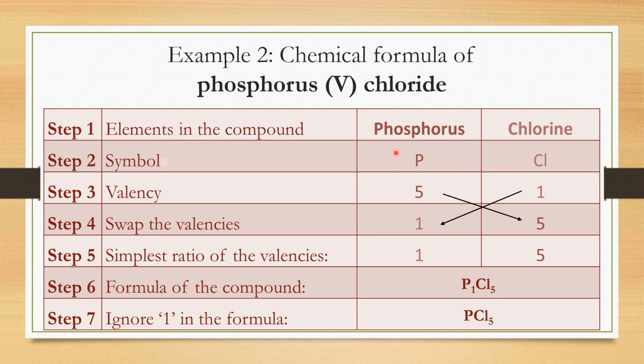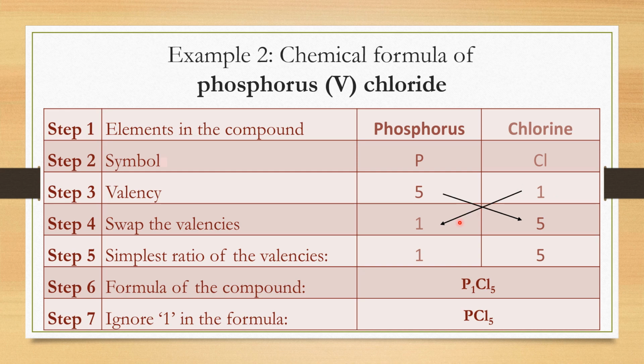Now you will recall that phosphorus exhibits two valencies, which are 3 and 5. In phosphorus 5-chloride, the valency of phosphorus is 5. The valency of chlorine is 1.